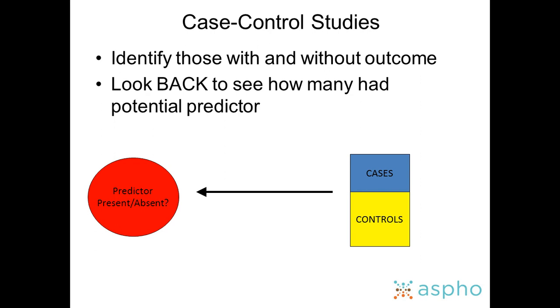So let's use that example I used before where we were interested in maternal smoking and infant ALL. Here I'm going to select 100 kids with infant ALL from the COG study database. I'm going to select 100, 200 controls. I might match for a bunch of variables like age and socioeconomic status and geography. And then I'm going to go back and ask those mothers, did you smoke during pregnancy?